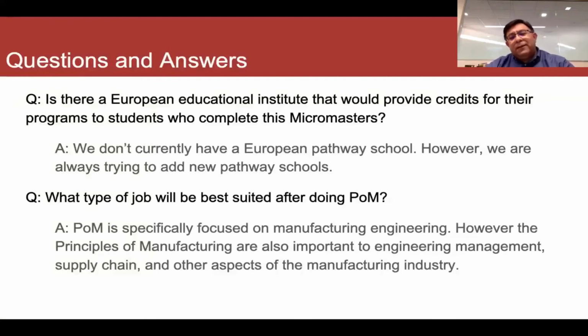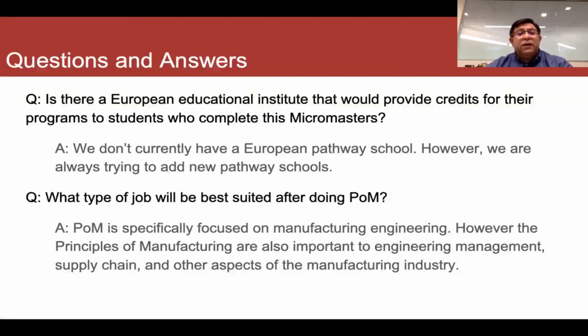So the next question is, what type of job will be best suited for after doing the Principles of Manufacturing? Well, most of the people that are going through the program and also are graduates of the master's here on campus end up being initially manufacturing engineers.